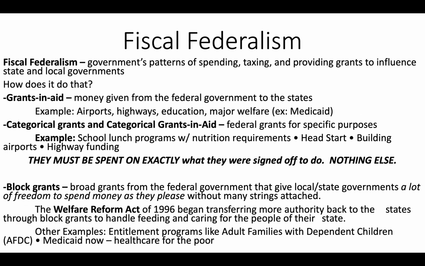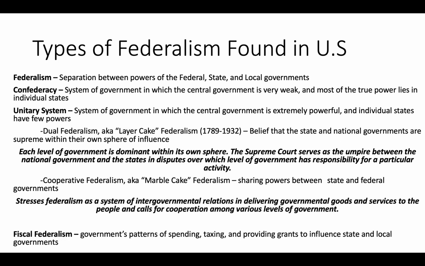Yesterday we talked about our different types of federalism, yes? We talked about dual federalism, which we don't use anymore because it's too isolated. We are now using cooperative federalism, in which state and federal governments are working together. Now, our federal and state governments cooperatively implement fiscal federalism.